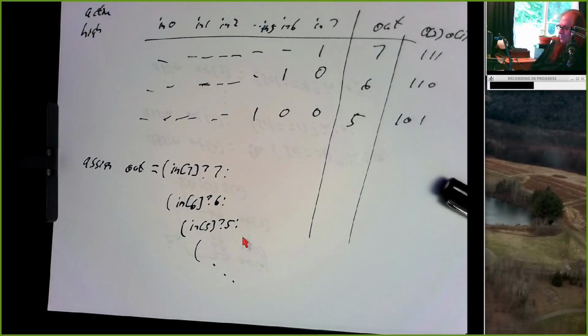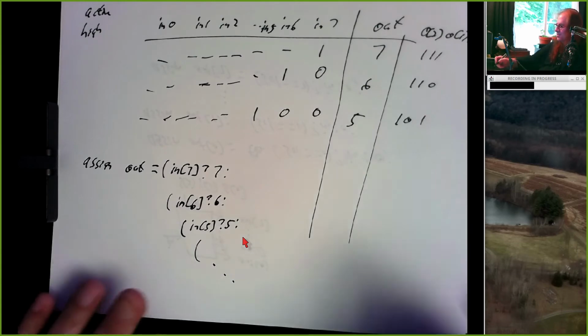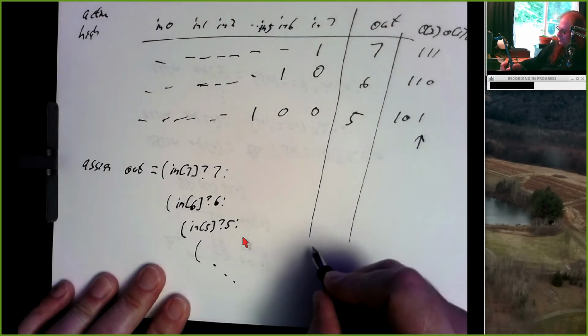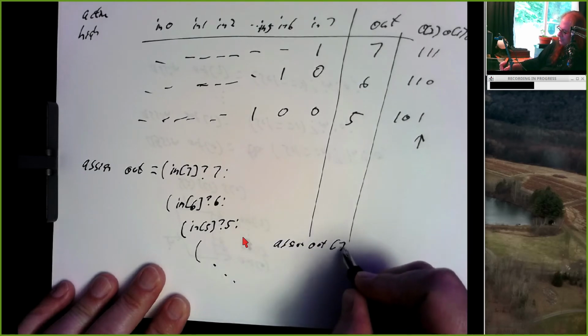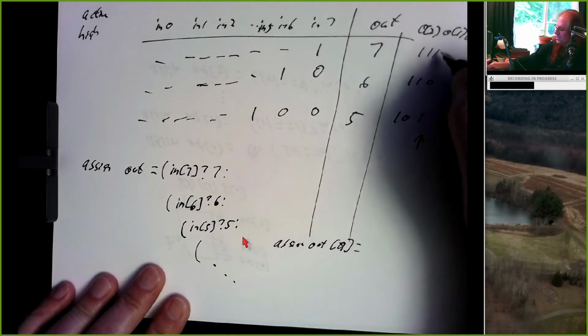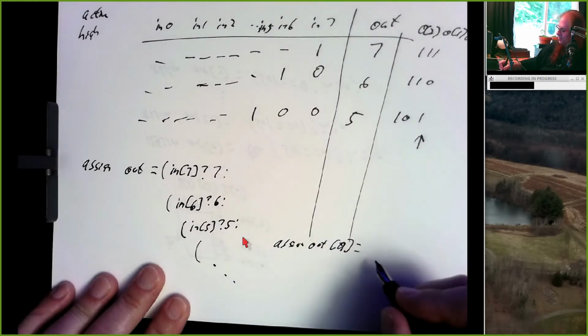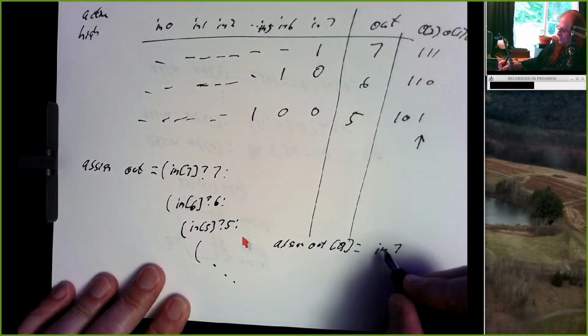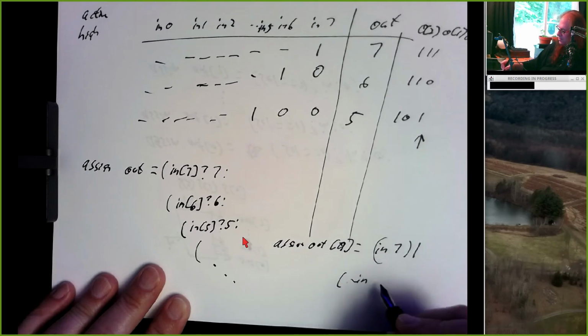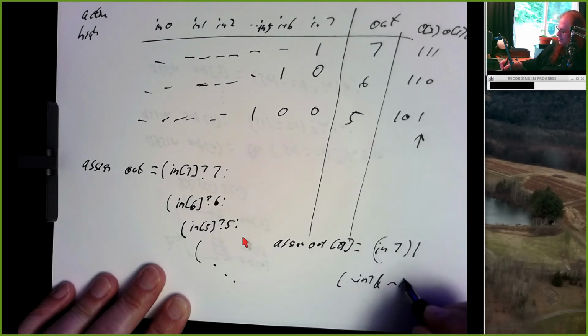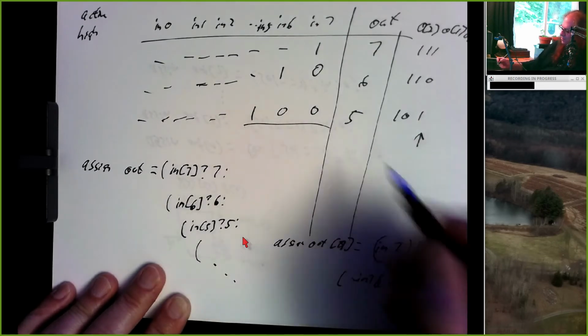A more straightforward sum of products, product of sums approach would be to maybe look at each bit of this and say, assign out bracket 0, so this least significant bit, to be in 7 or not in 7 and not in 6 and in 5. So this third row down here.